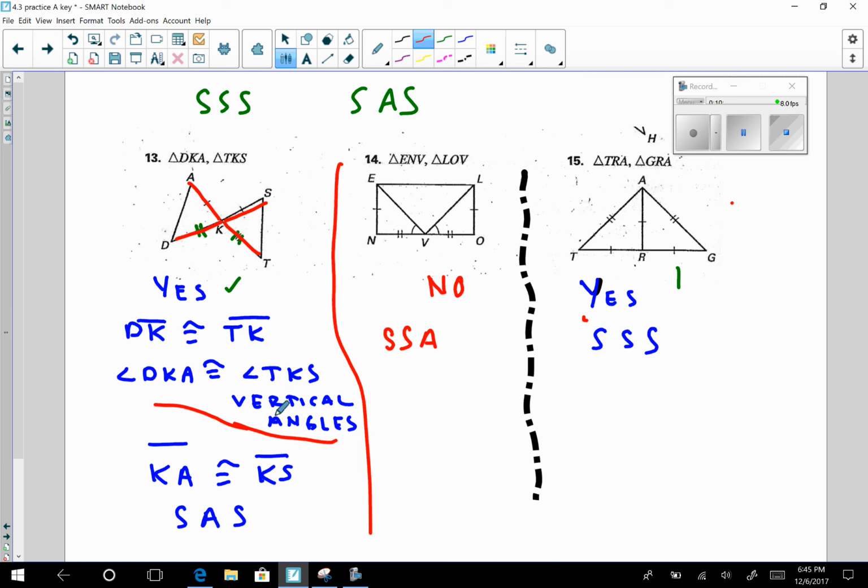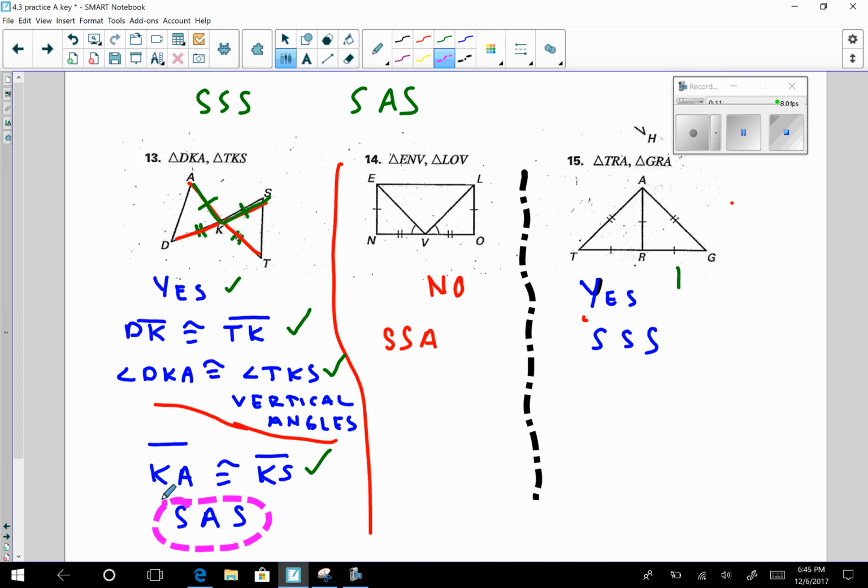And I also have segment KA congruent to segment KS because of the congruent dashes given in the diagram. So here I have a pair of corresponding sides congruent, a pair of corresponding angles congruent, another pair of corresponding sides congruent, and this fits the side angle side congruence theorem.